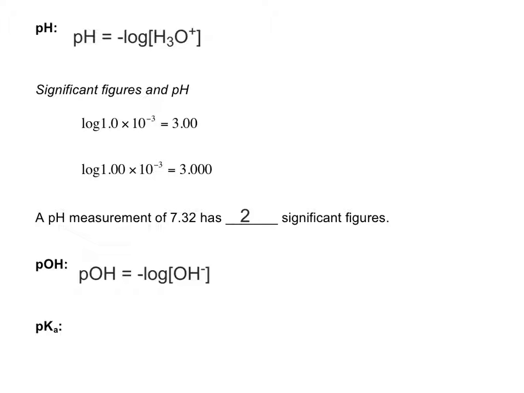So the pKa is just going to equal the negative log of the Ka, which is the equilibrium constant for the dissociation of the acid that we talked about on the previous page. All right, so this may seem like a lot. I promise we're going to do some examples and start doing some calculations, and hopefully things will all make sense.